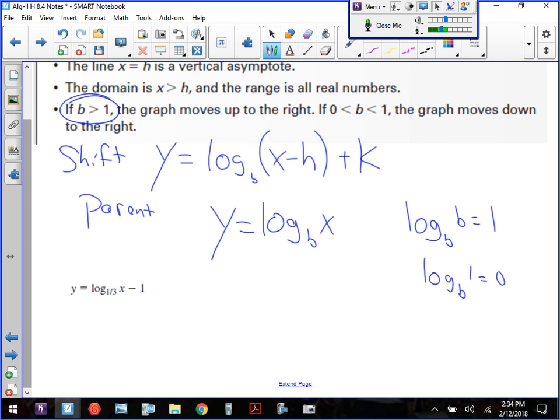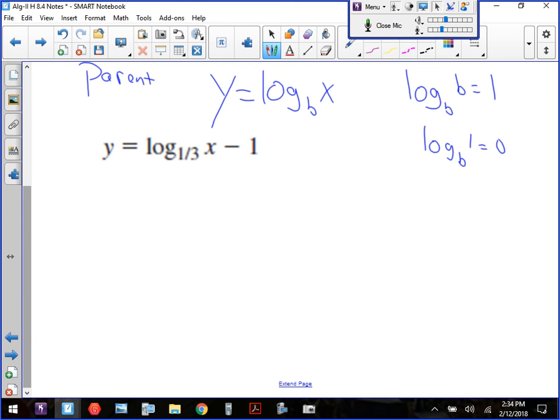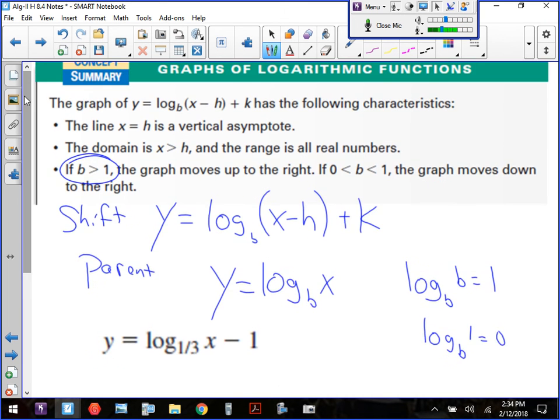So if I'm looking at this, we'll use this as an example. I have log base 1/3 of x minus 1. First thing I'm always going to do is label my base, my b, my h, and k. Because remember, your h tells you where your asymptote is, and it tells you where your domain is, everything to the right of it.